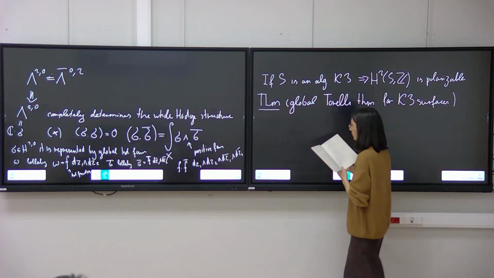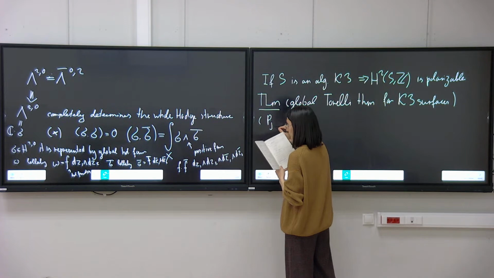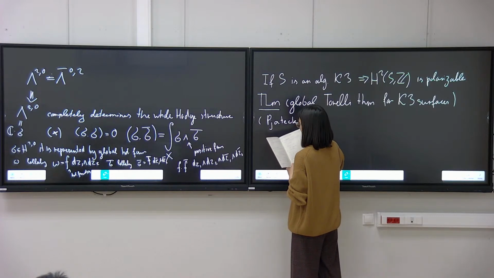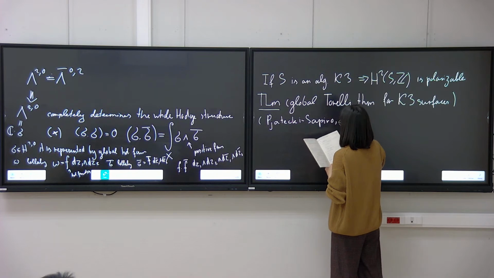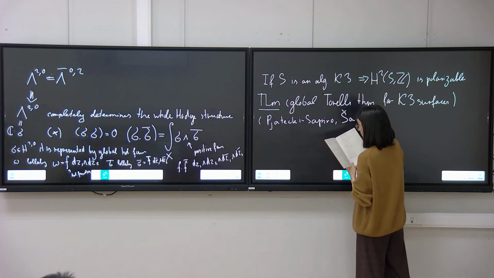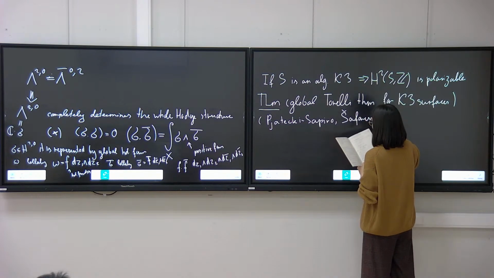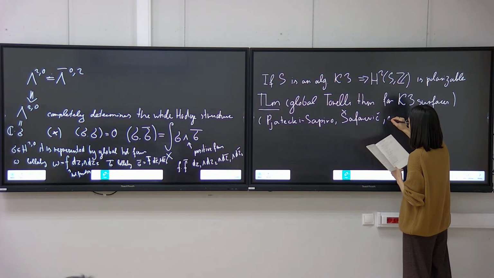So this theorem was proved by Piatetski-Shapiro and Shafarevich for an algebraic case.